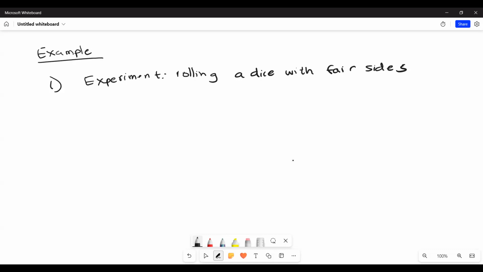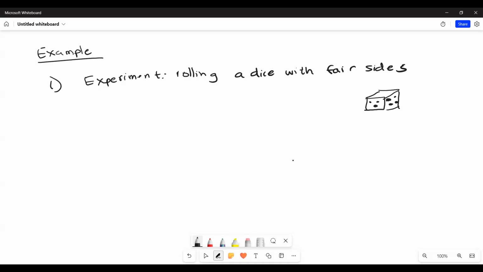So once we are rolling a dice, since it has fair sides, we don't know exactly what the output is going to be. It is a very unpredictable event.